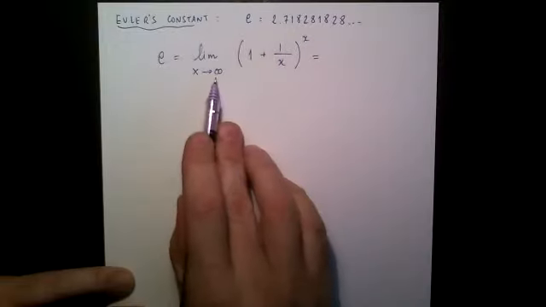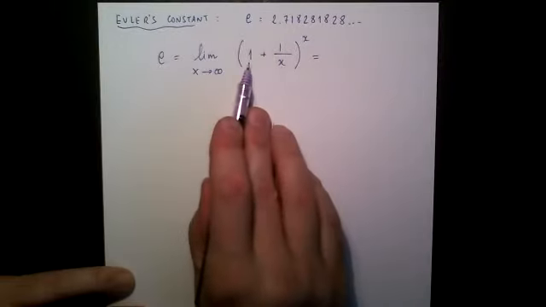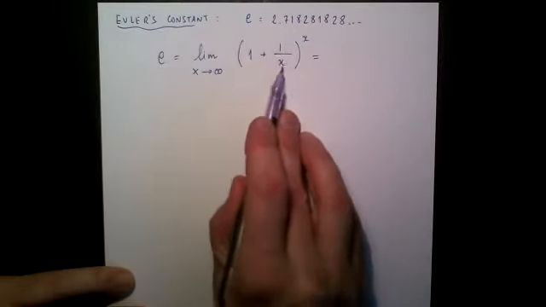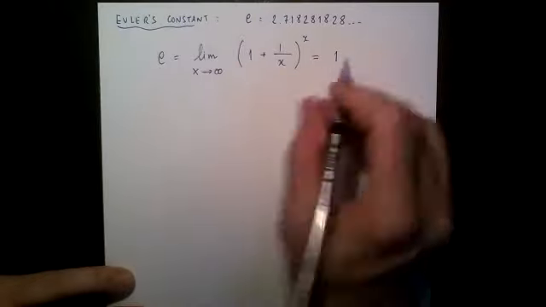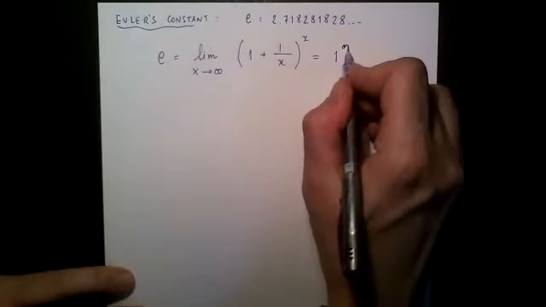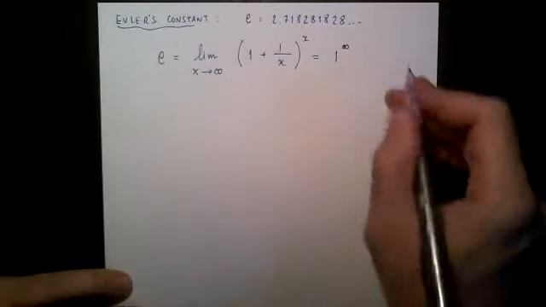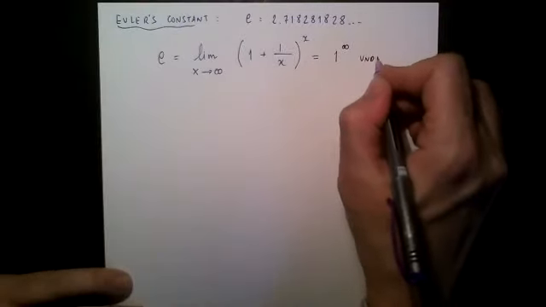Okay, so notice that if I plug in infinity here, what do I get? 1 plus 1 over infinity is 1 plus 0. So 1 to the power of infinity. Okay, so this is also an undetermined form.